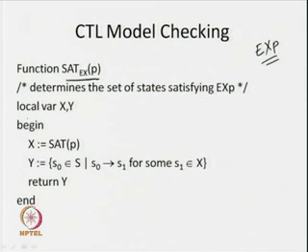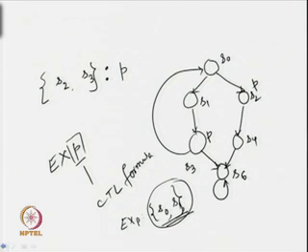Here we are taking two local variables, x and y. X first calls this satisfiability function with the sub formula, so it returns the set of states where P is true. In this example, this is the set X: S2 and S3.